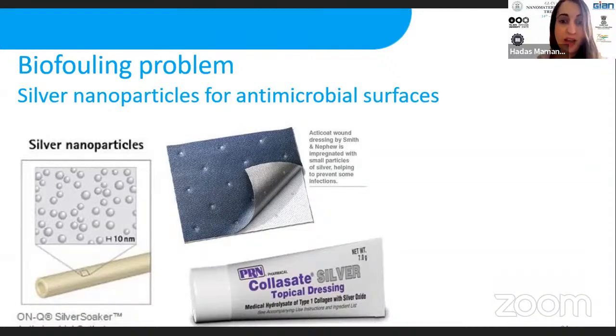So for example, piping systems. We know that we have biofilm formation on piping systems. We have biofilm formation on membranes. So maybe we can design antimicrobial surfaces to prevent bacterial adhesion. Okay. Actually, antimicrobial surfaces are one of the most promising innovations to prevent bacterial adhesion and transmission in hospital environments. Various heavy metal compounds, including titanium dioxide, copper oxide, zinc oxide, and silver are known to have these properties.